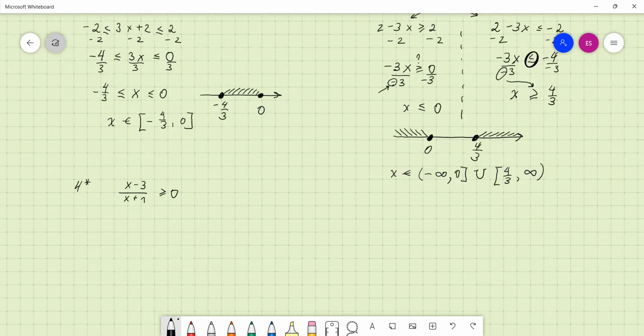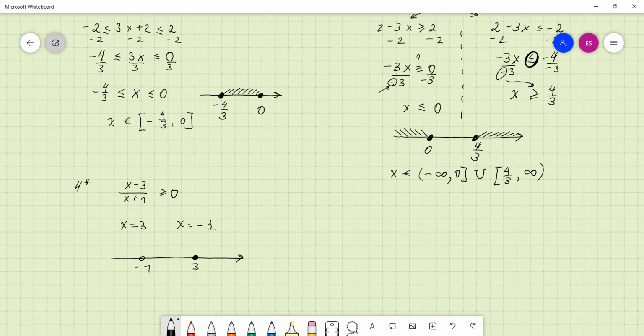The zero of the numerator is x equals 3, and the zero of the denominator is x equals -1. Now we are going to draw a number line and label -1 here and 3 here. Now, guys, we do have an equal sign, right? So when you substitute 3 in the numerator, you are going to have 3 minus 3, which is going to be 0, and we are allowed to have 0 here because it's greater or equal than 0.